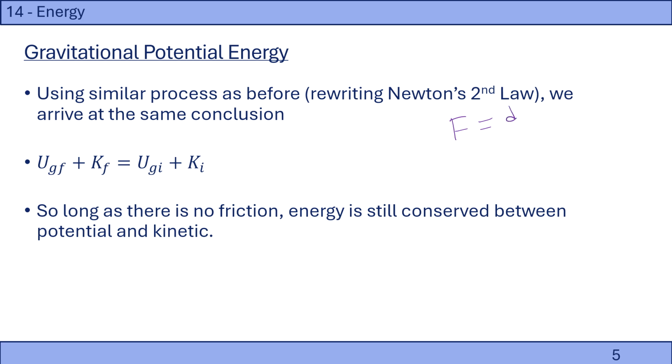F equals dp dt. We moved around the dt, we did some calculus, and we ended up at this, initial and final, after doing some integration from the initial state to the final state. So long as there was no friction and energy was conserved between the potential and kinetic, as we've written here. We can be more precise with our language a little bit later.